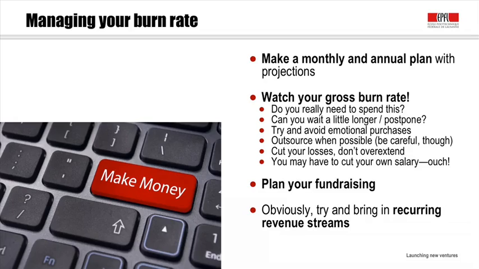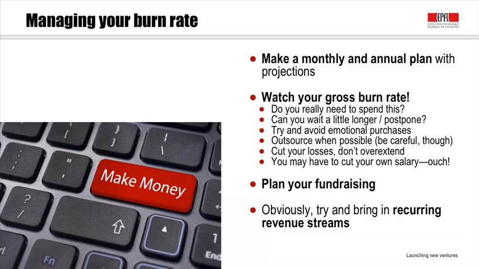And then make a projection for the next year into the future, how much you are planning on spending and how much you're expecting to receive. Then you can make the calculation about the time to out of cash. However, even beyond your net burn rate, think about your gross burn rate.